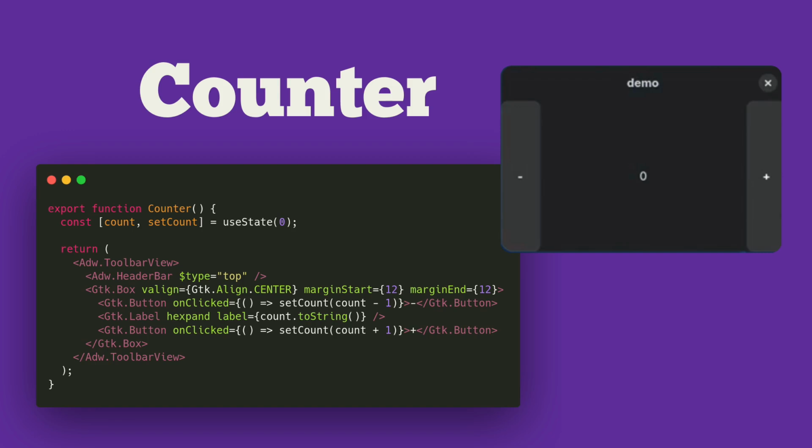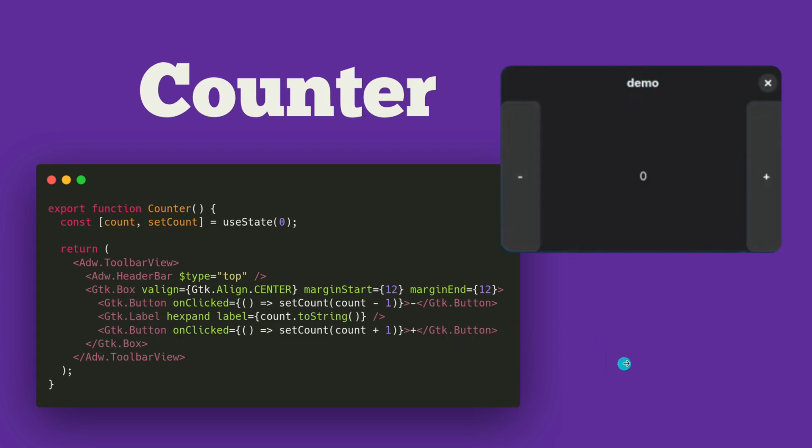So here is an example of an application written with Pichi. Pichi is just a framework, so we are reusing Adwaita and GTK library widgets. And here we're also using useState to track application state. This is from React, but these widgets like Adw.ToolbarView, HeaderBar, and Gtk.Box, Button, Label are from GTK itself.